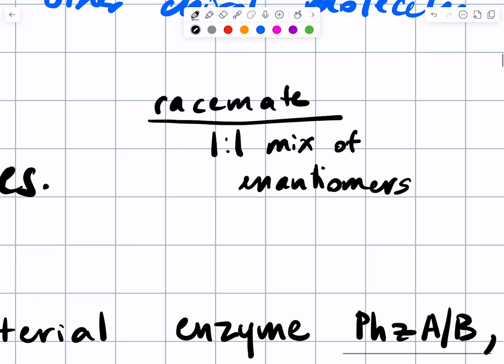And it is easier to make a racemate than it is to make a pure enantiomer. It's easier and cheaper. So, in a drug development program, if you're able to establish early on that the racemate doesn't have any negative toxic effects, then often you just use the racemate as the drug.